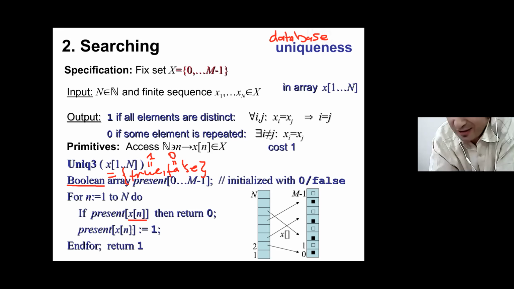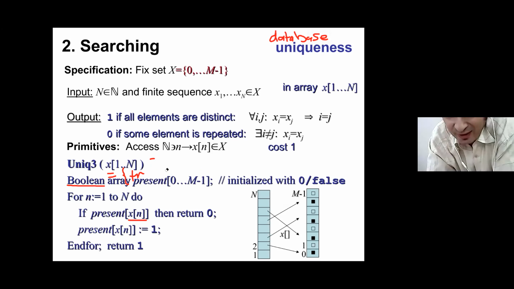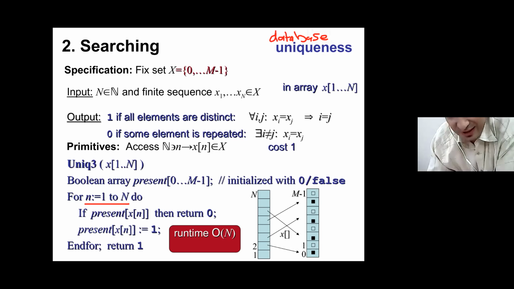Then we can operate on this kind of array, and you have only one loop here. So you reduce the algorithm to something linear.